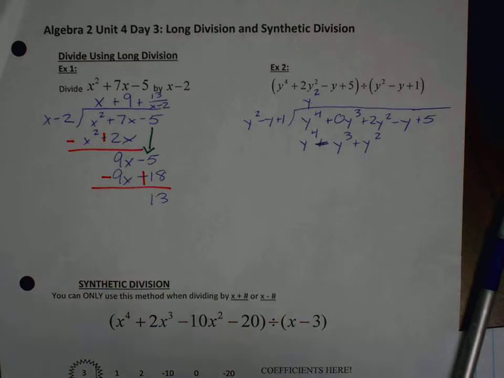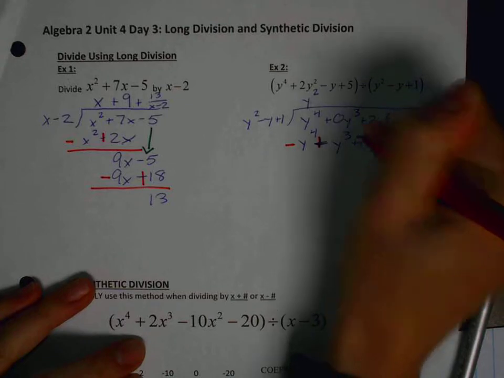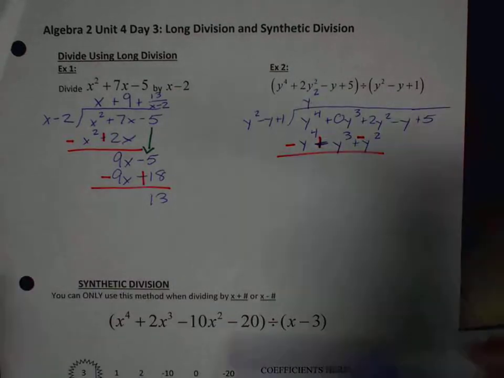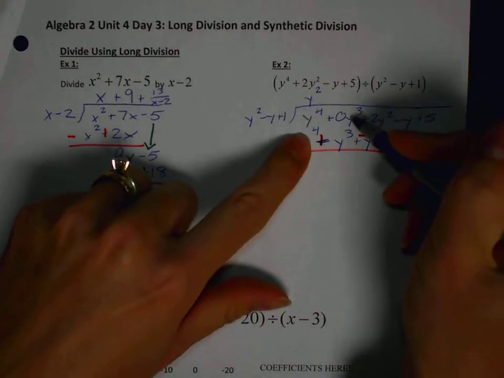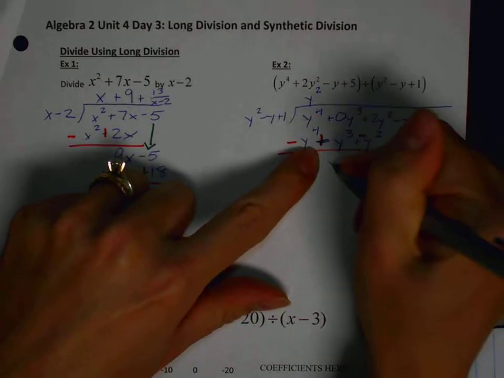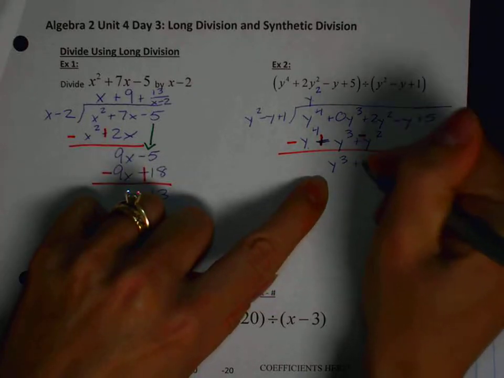Subtract means all the signs need to change. This becomes a minus, this becomes a plus, and this becomes a minus. Y to the 4th minus y to the 4th is 0. 0 plus y to the 3rd is y to the 3rd. 2y squared minus y squared is y squared.